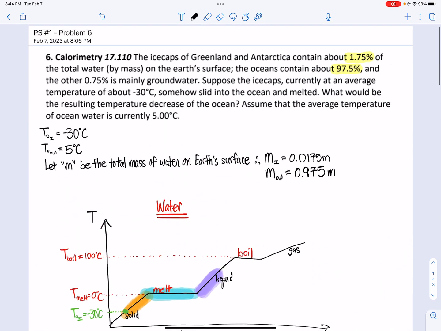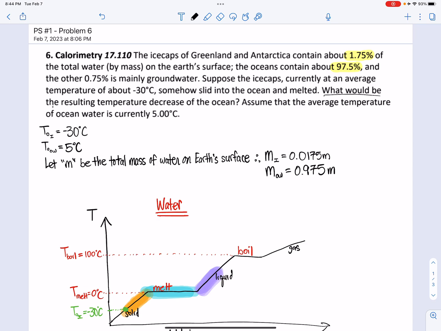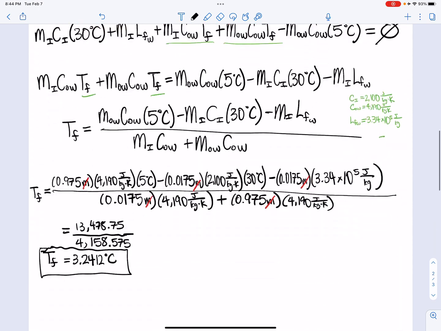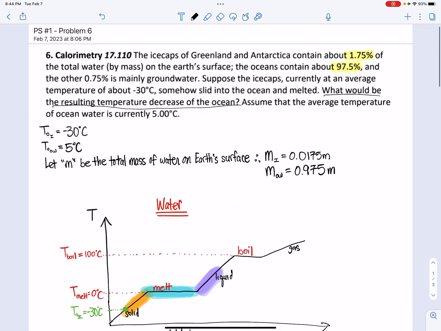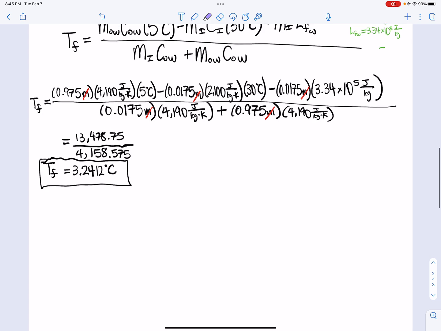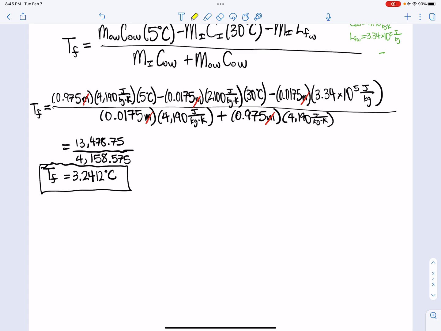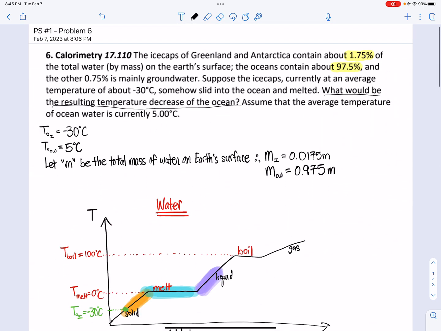The question was asking for the resulting temperature decrease of the ocean. So that means the initial temperature of the ocean water was, assume the average temperature of ocean water is 5 degrees Celsius. Actually we wrote it down. Yeah, see, the initial temperature of ocean water is 5 degrees Celsius.